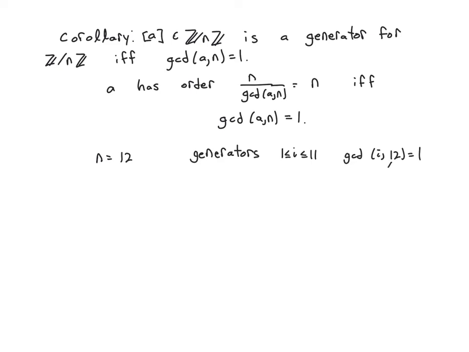The prime divisors are 2 and 3, and then other divisors are 6 and so on. And so you're looking for numbers that are not divisible by 2 or 3. And so your options are 1, 5, 7, and 11. And so there are 4 generators for Z mod 12Z.